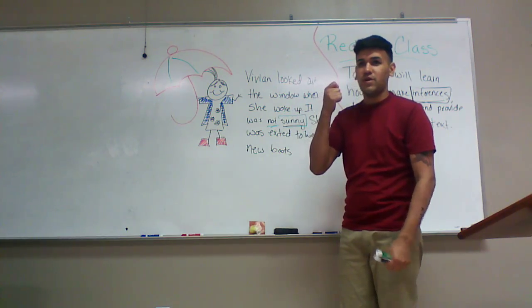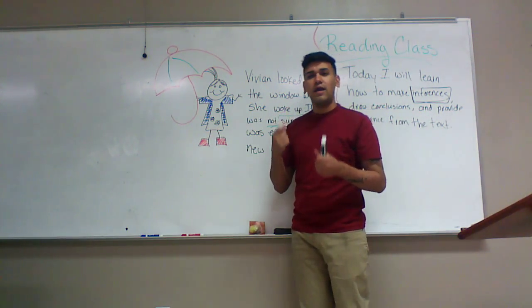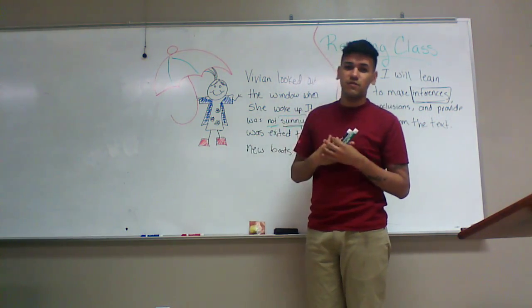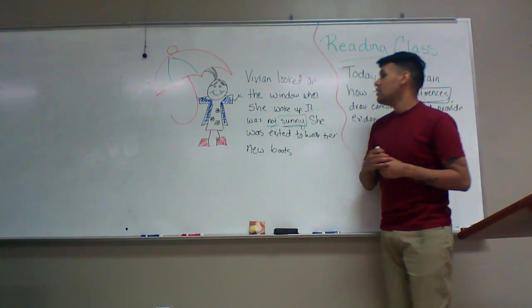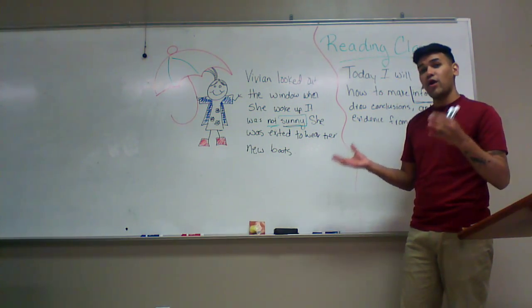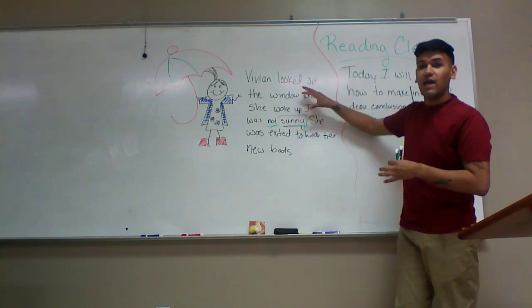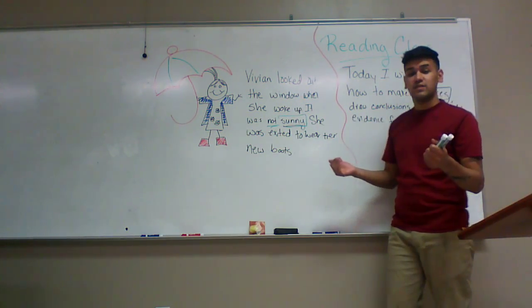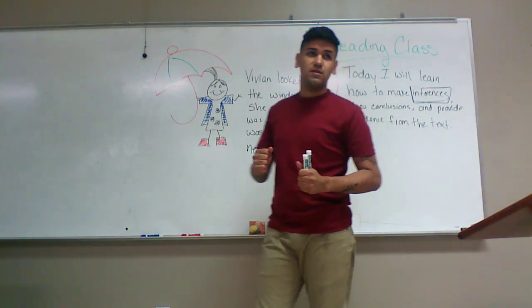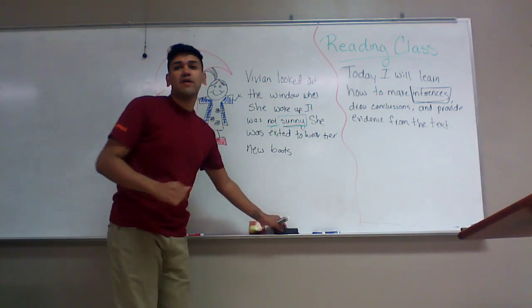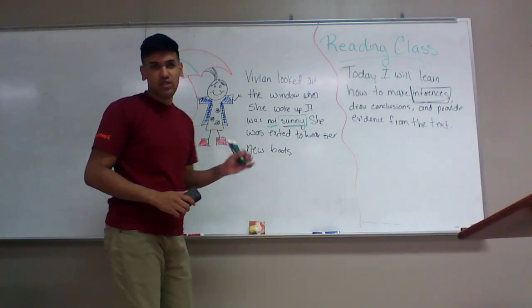Like we use umbrellas because it rains or because there's sun. We wear coats to protect ourselves from the rain, etc. Correct? So we use our prior knowledge, found clues from the text, and then we made our inference, our educated guess, guys. Okay? I'm going to give you another example, but this time there will be no pictures, okay?